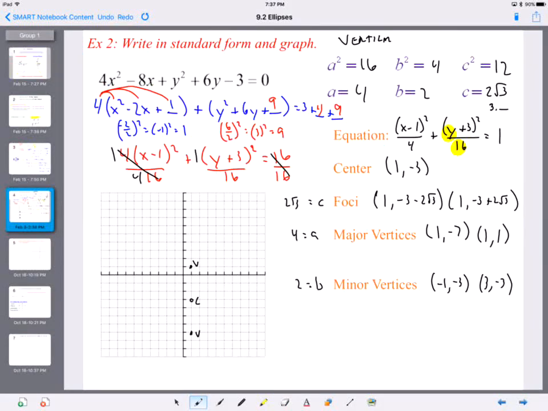So we again count 1, 2, 3 something, very close to the vertices on this one. And then your minor, you're only counting 2 away. So this should be at 3, negative 3, which is what I have. And 1, 2, which would be at negative 1, negative 3, which is what I have as well. So on the graph, you're doing more counting than anything.